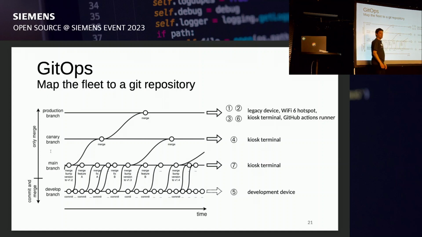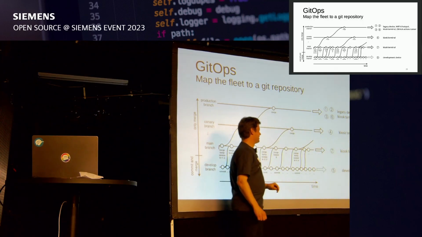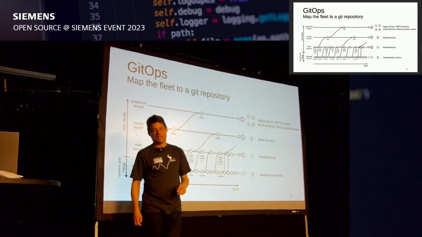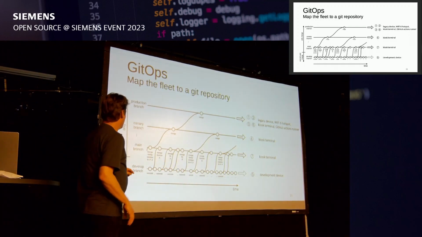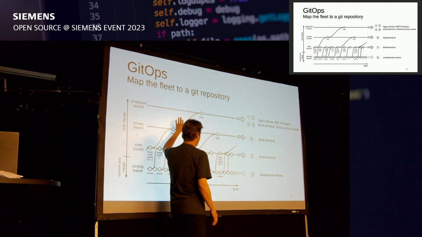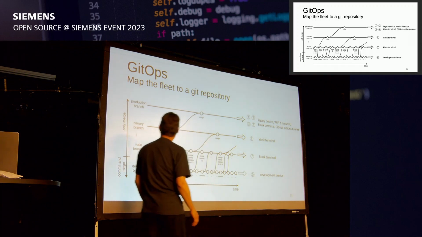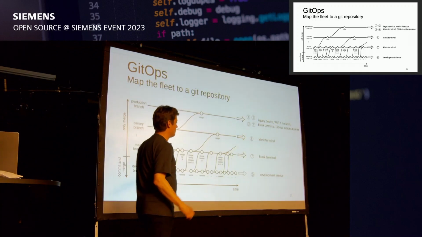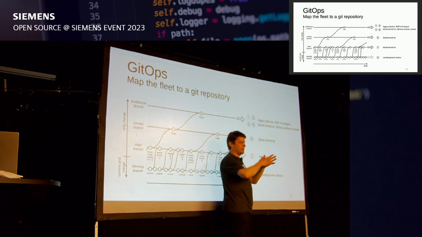The canary branch might be in the management building of your company. Again, the kiosk terminal. So if it breaks, you get some management attention, but still okay, you don't hit your customers. So then if the canary is still okay, you can merge it to the production branch, and it gets automatically applied to all the devices out there, maybe in batches.